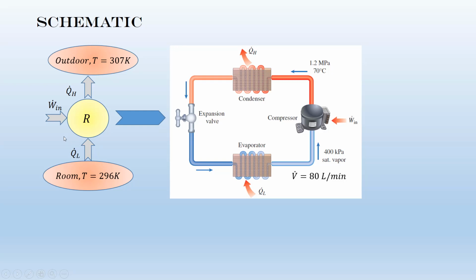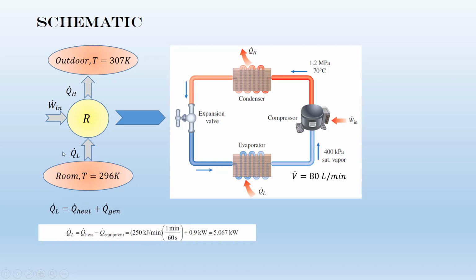So meaning that if you just add the heat gain by the windows and also heat generated by the appliance, you can calculate the Q dot L. So the combination of these two terms is the Q dot L.